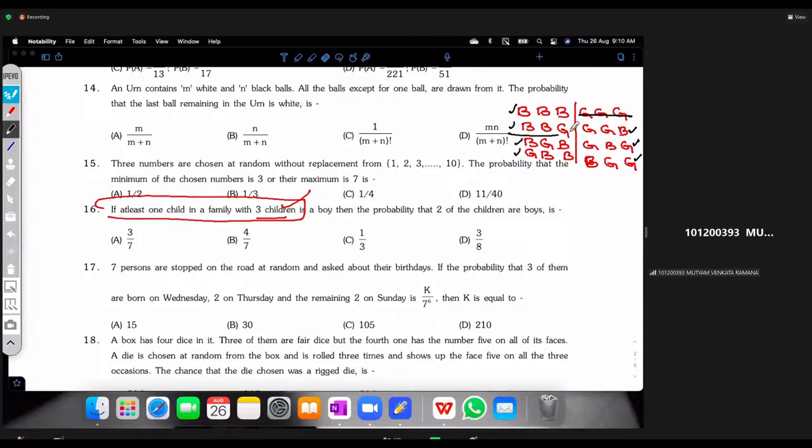So what are the possibilities? 1, 2, 3. 3 out of 7. Actually, this will be studied in conditional probability, but not required. Whatever the condition, I'm writing the sample space. This one is ruled out. So out of this, what is our favorable case?